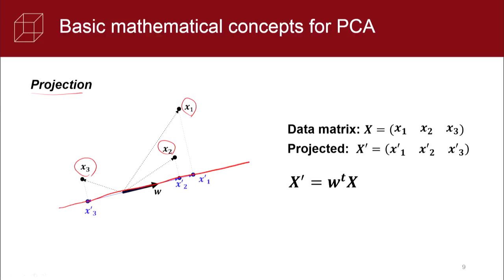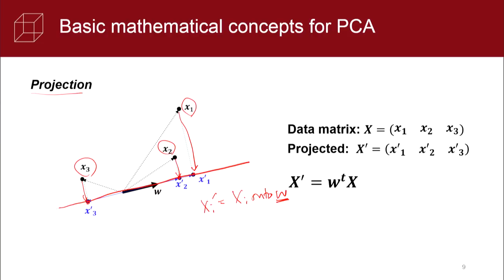Right? So you can project all the data points xi onto the line. Let's say xi prime is the projection of xi onto the vector w. So x1 prime, x2 prime, and x3 prime.